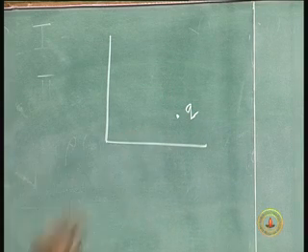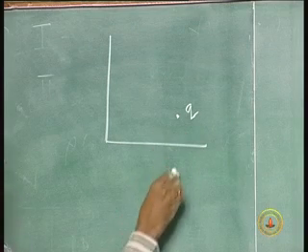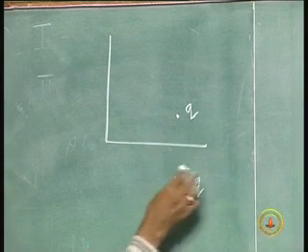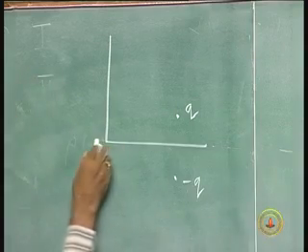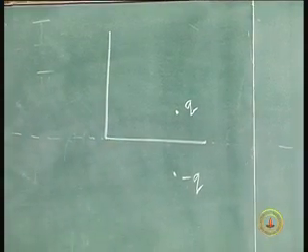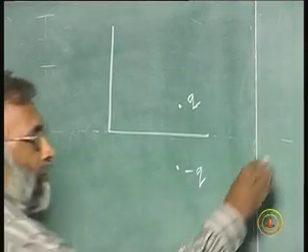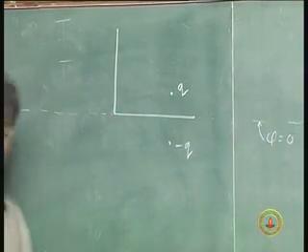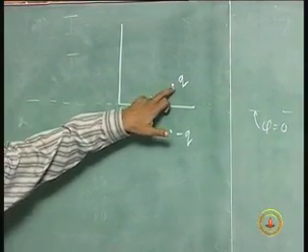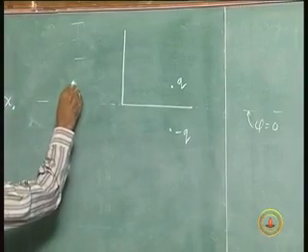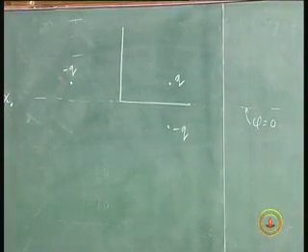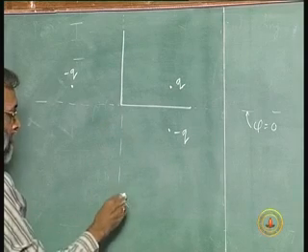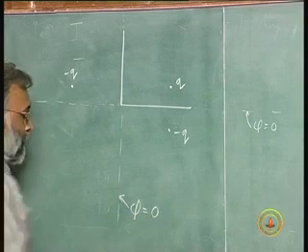If I have a charge q here, I can put a charge minus q here, and these two charges together will make this entire plane grounded. Now, for this charge, if I put a charge minus q here, then this entire plane will become phi equals 0.